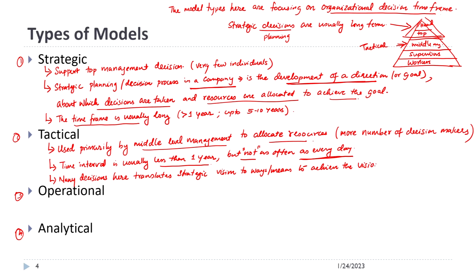Okay. So, you have a strategic planning or strategic decision, and that strategic decision gets translated to ways and means to achieve that strategic vision, and that is where you convert it into a tactical decision process.